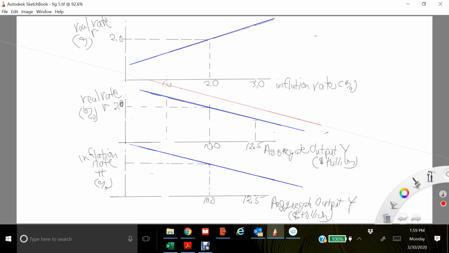Let's draw that in. So we're at a real rate of 2%, let's say, to start. The shift would be at any rate, we can see what the equilibrium output would be, but let's first look at 2%. So at 2%, equilibrium output would, say, increase to 12.5.